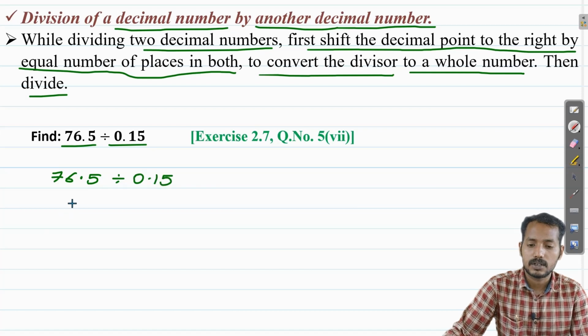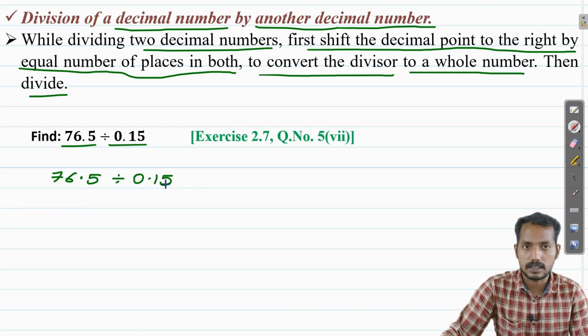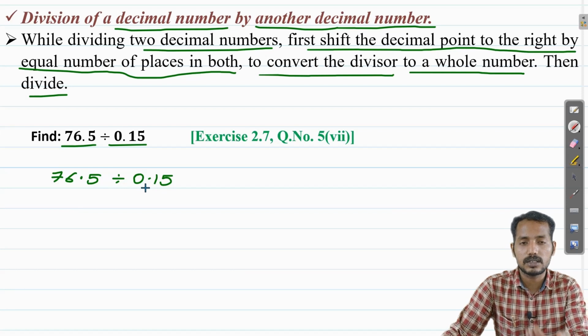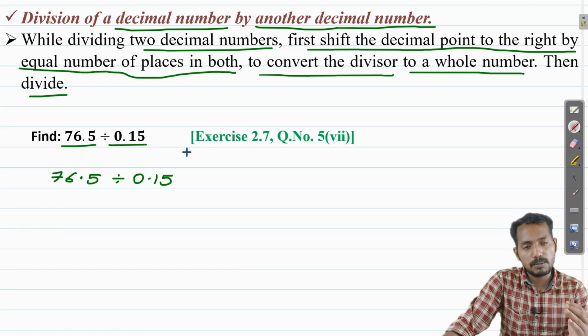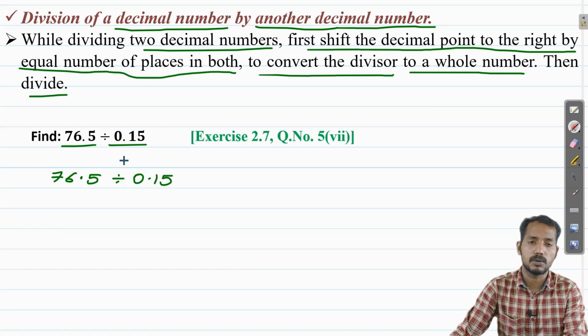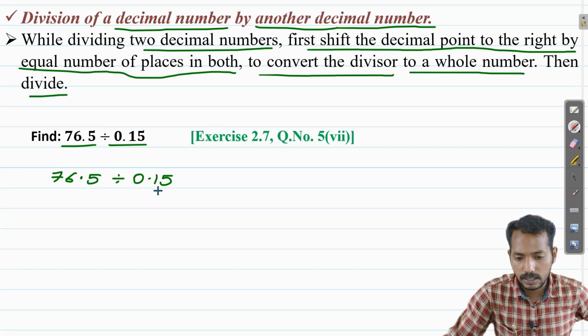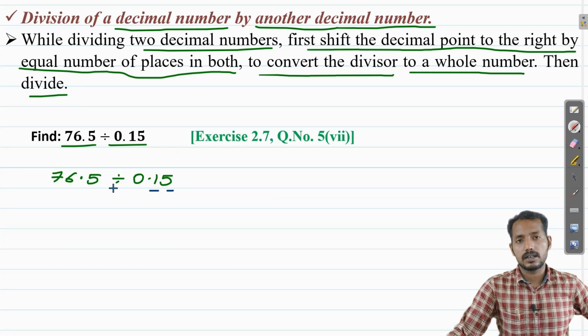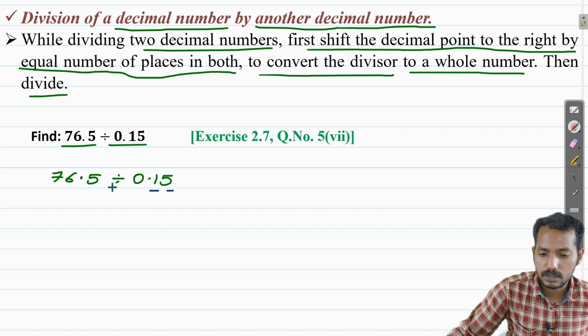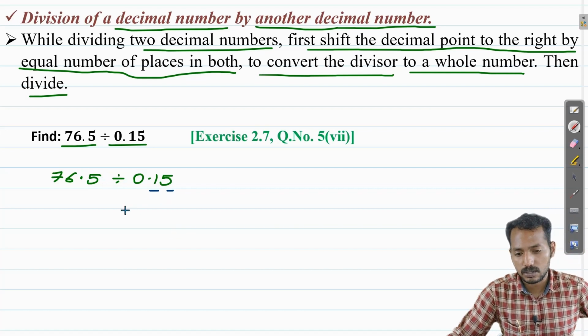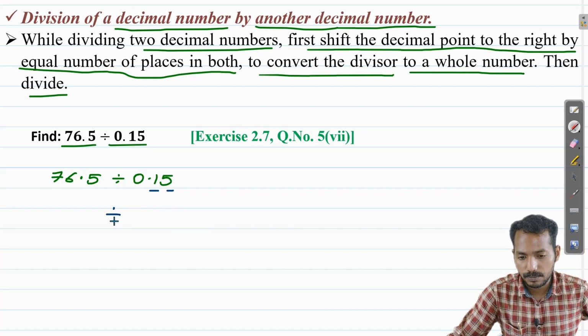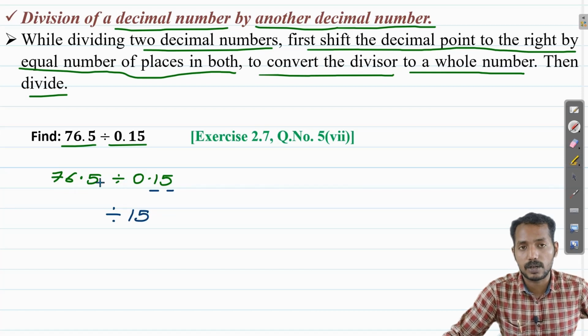Here the divisor is not a whole number. So to convert it to a whole number, shift the decimal point by an equal number of places in both numbers. Here you can see there are 2 digits after the decimal point, so this should be shifted by 2 places. So we will get 15. Similarly here also we have to shift by 2 places.